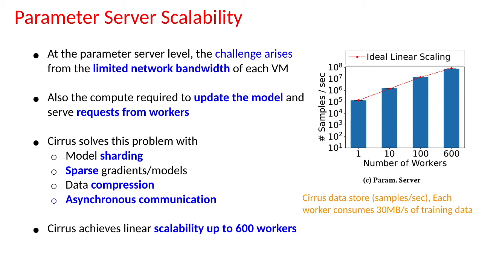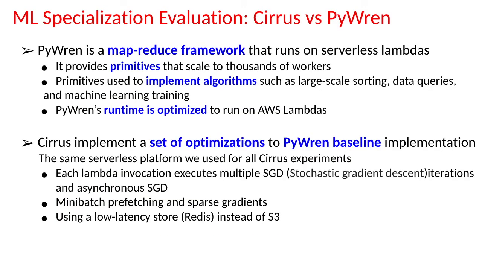CIRRUS achieves linear scalability up to 600 workers for parameter server scalability. As shown in the graph, CIRRUS achieves the samples per second as the number of workers scales from 1 to 600. Here also, each worker consumes 30 MB per second of training data. Let's understand the ML specialization evaluation in the next slide.